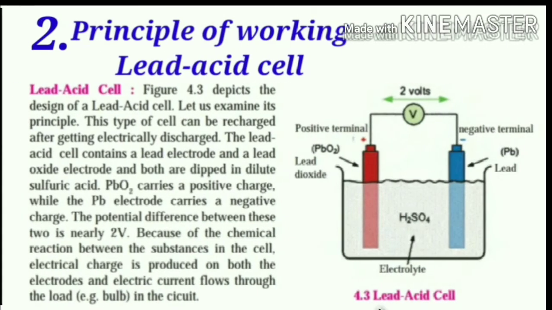The second type of electric cell is the lead acid cell. Let's study the principle of working of the lead acid cell. In the figure, this is the electrolyte, that is H2SO4 solution, sulfuric acid solution. In this solution, these two electrodes are dipped.